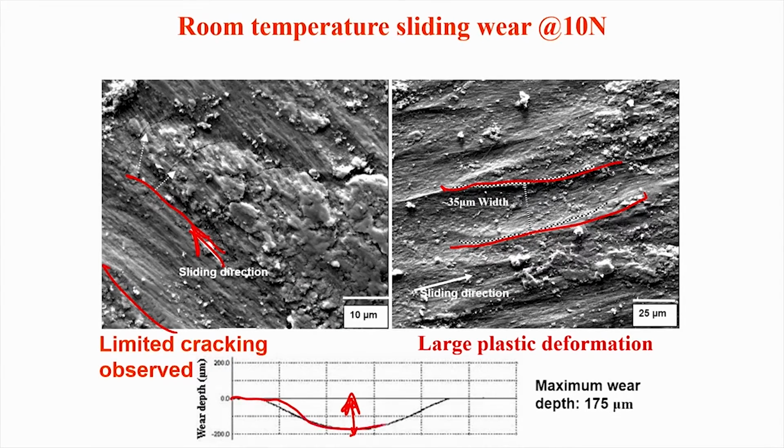Here I have given the 2D laser profilometer traces for you to realize; from the scale it is 200 micron. So the depth is around 175 micron. So 35 micron width, I am talking about typical length scale, and 175 micron is the depth. Essentially, the depth is about 5 times the width, so this groove formation is much deeper.